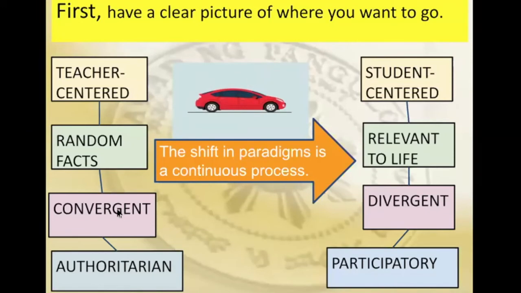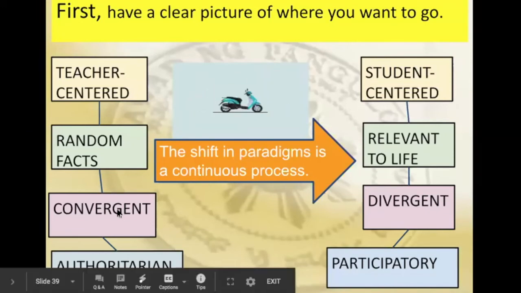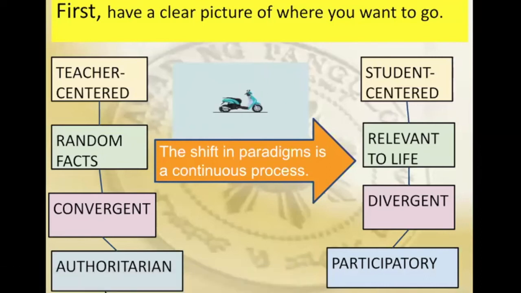We have to shift from being authoritarian, because information is not coming only from teachers anymore. It's coming from everywhere. So we are not the sole source of information and the authority. We have to give our students a chance to share what they are learning. In so doing, they will feel empowered and they will have their voice, and it will be more collaborative.